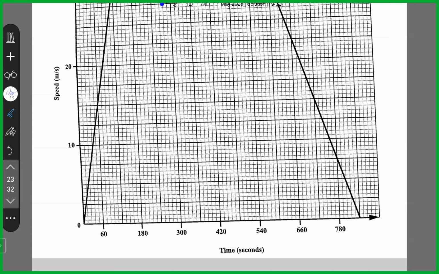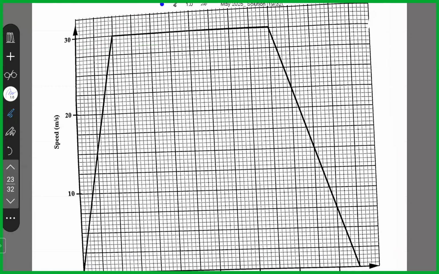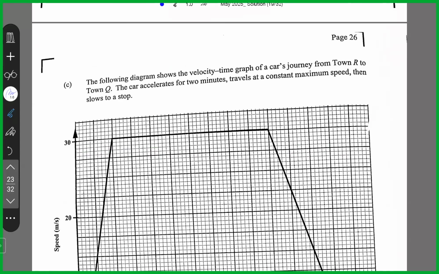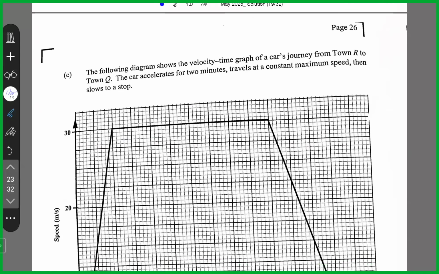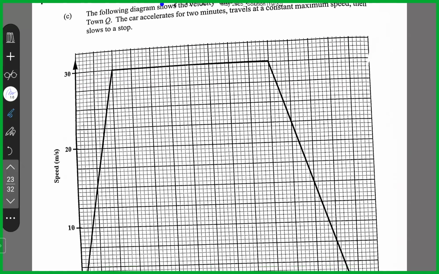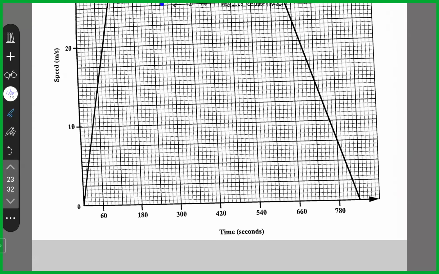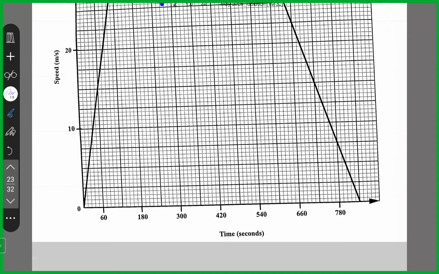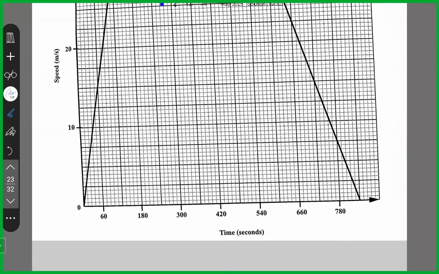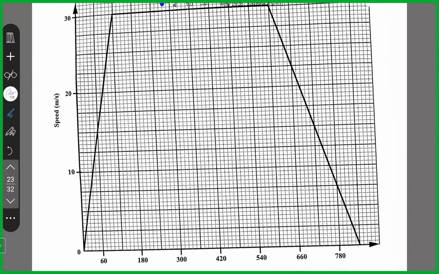All right, the car accelerates for 2 minutes. Then constant speed, then slows to a stop. Okay, fine.